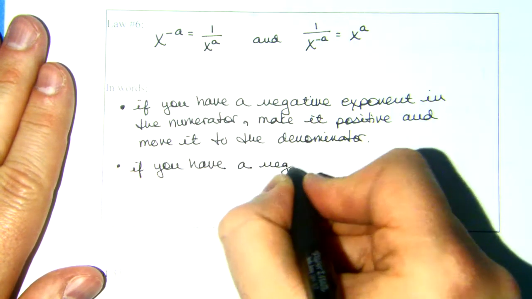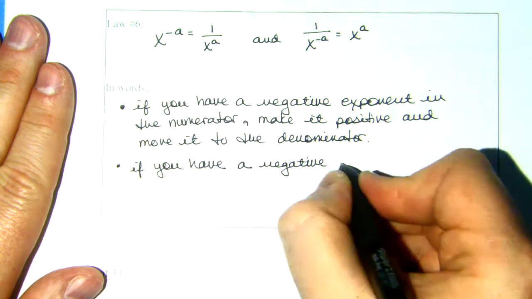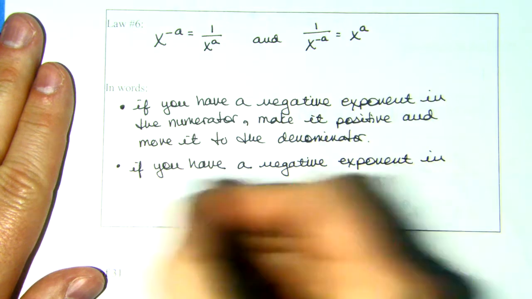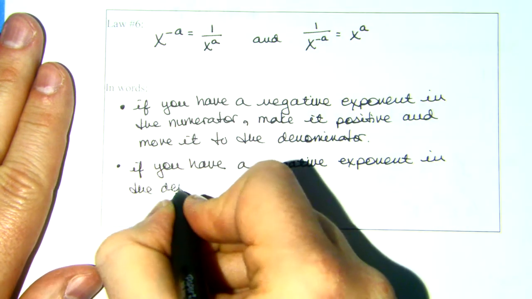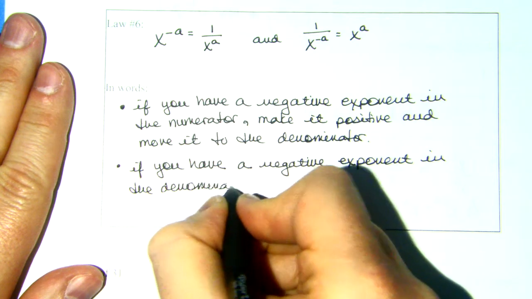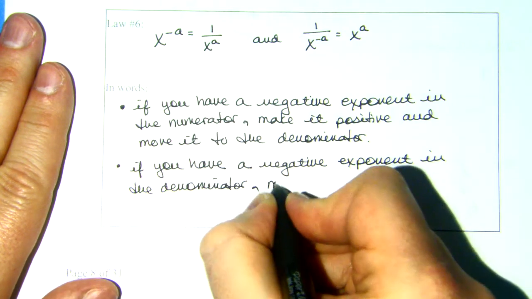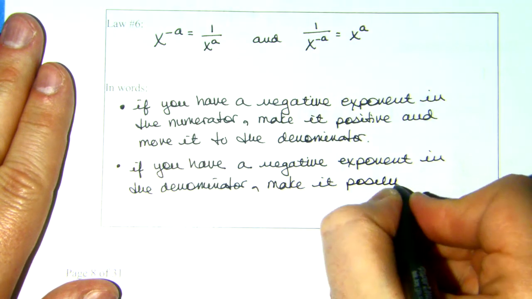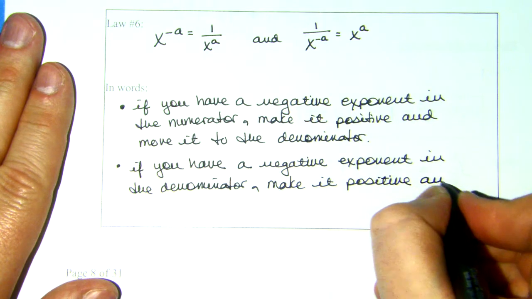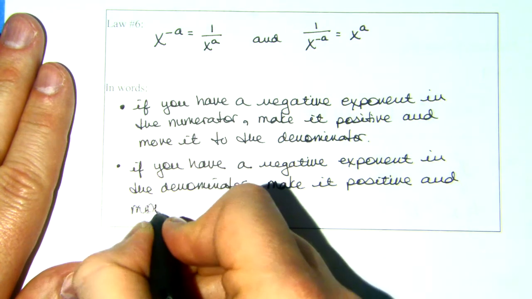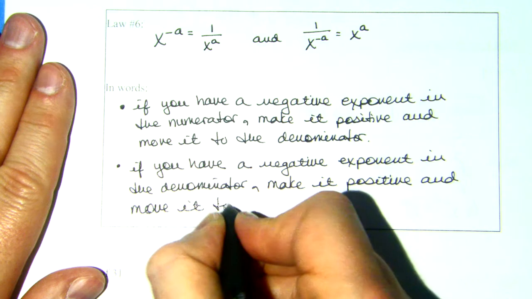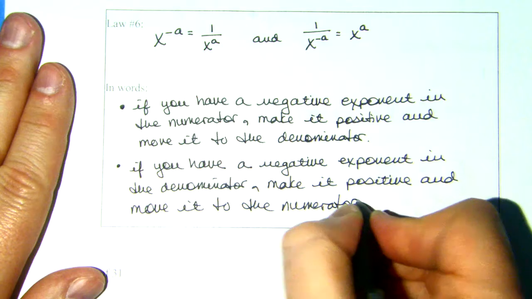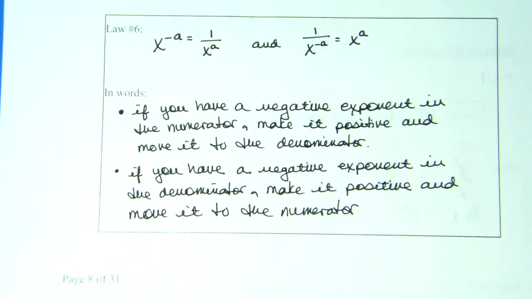If you have a negative exponent in the denominator, make it positive and move it to the numerator. Please copy this down, and then I'll show you a bunch of examples.